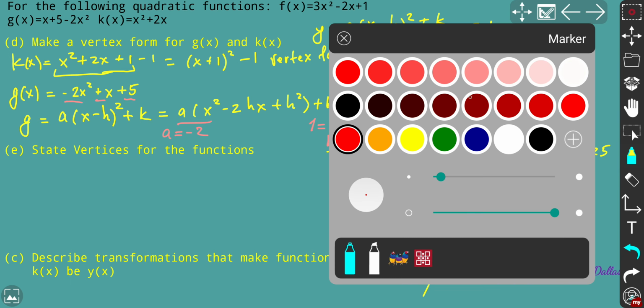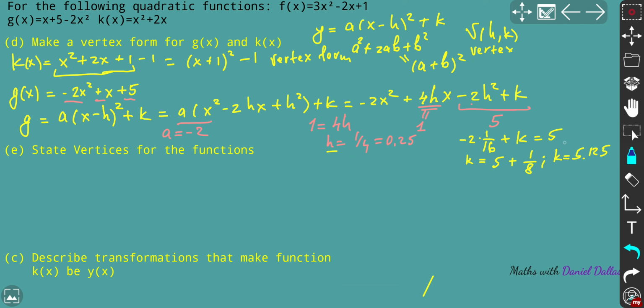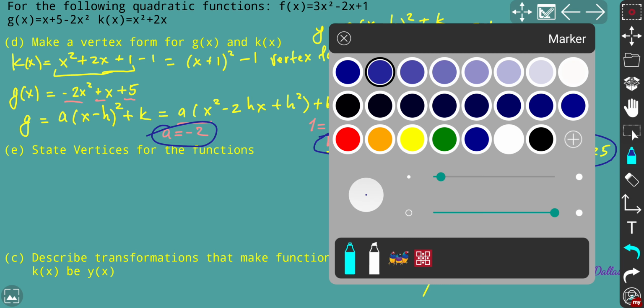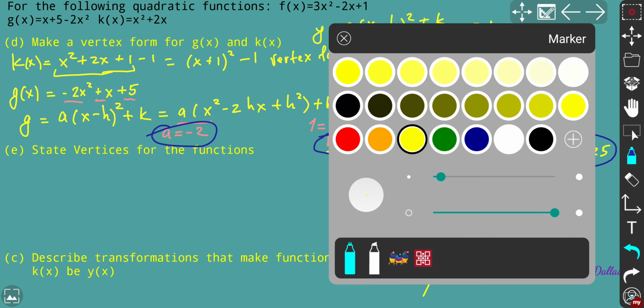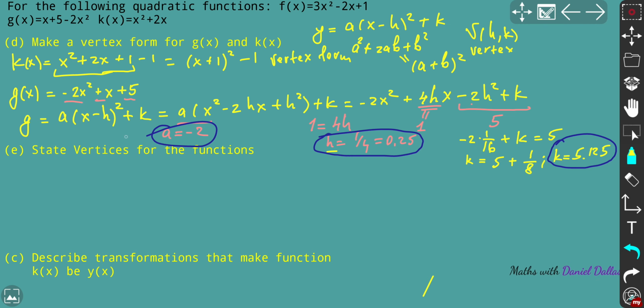And now I'm just going to circle all the values that I found. So k, h, and a. Okay, now I know all the values, and from here I can plug them into the equation. So my general equation for the g function is going to be using the coefficients.